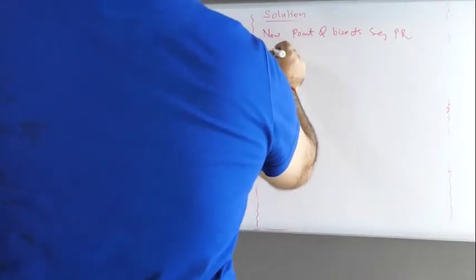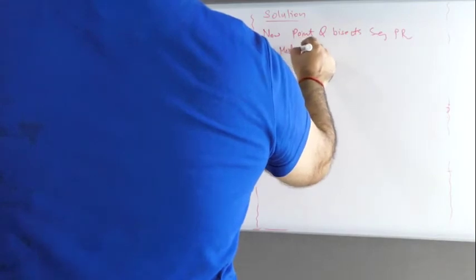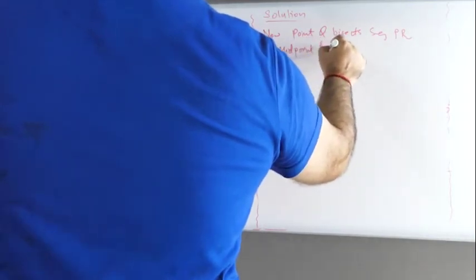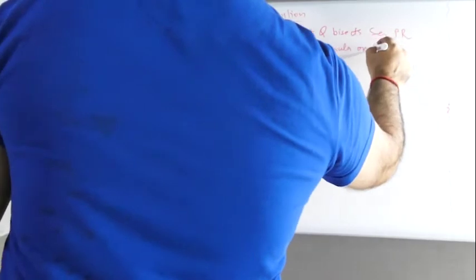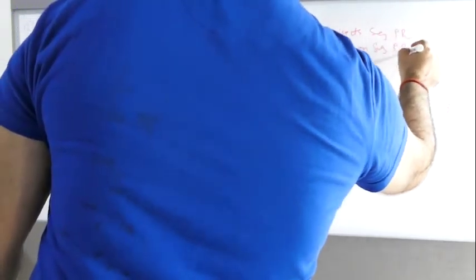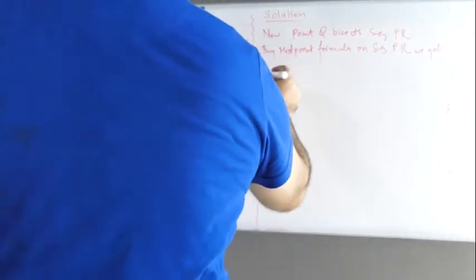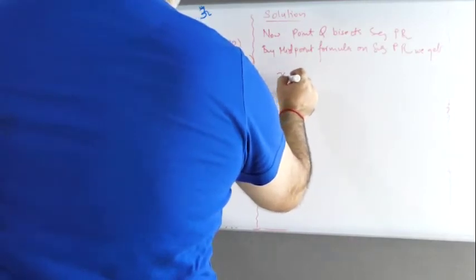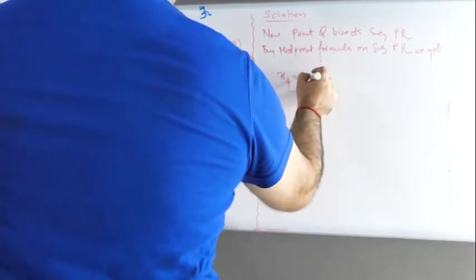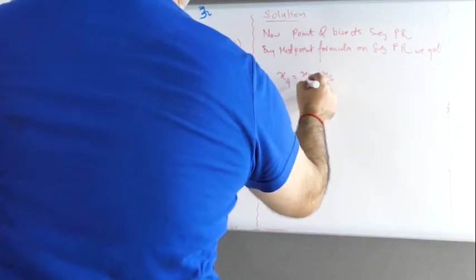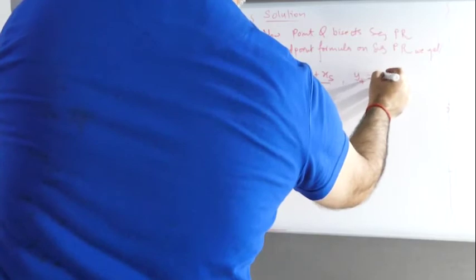So by the midpoint formula on segment PR, what do we get? Who's the midpoint? Q. So x4 is equal to (x3 plus x5) upon 2, and y4 is equal to (y3 plus y5) upon 2.